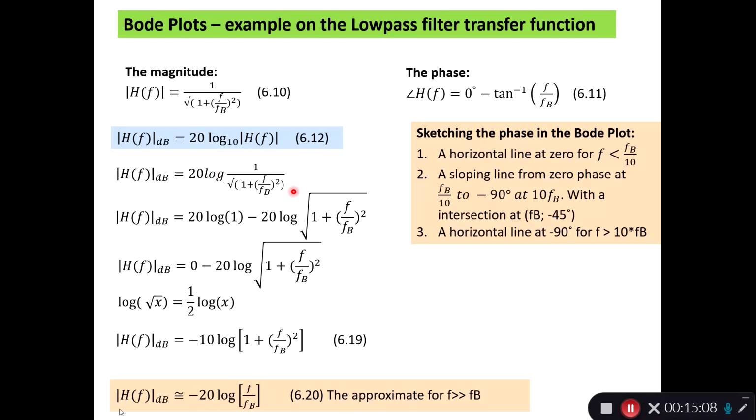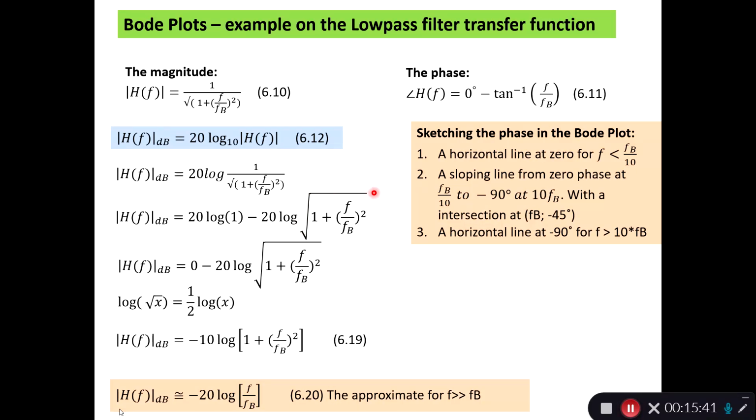And this is then the magnitude. Then we use that this equation here is on the log of 10. And then we use the mathematics from the logarithm. So the 1 up here becomes 20 log of 1. And then because we have a denominator, it becomes minus 20 log of the square root of what?